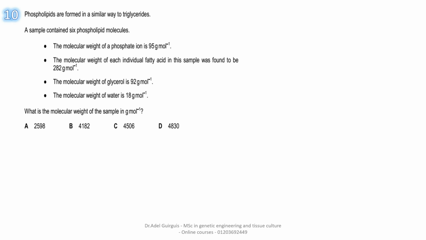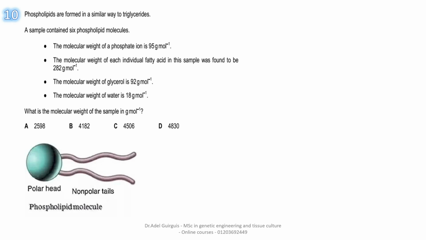We are asked to calculate the Mr of the sample containing 6 phospholipid molecules, step by step. This phospholipid molecule contains a phosphate head, the polar head, phosphate group, and 2 fatty acids.